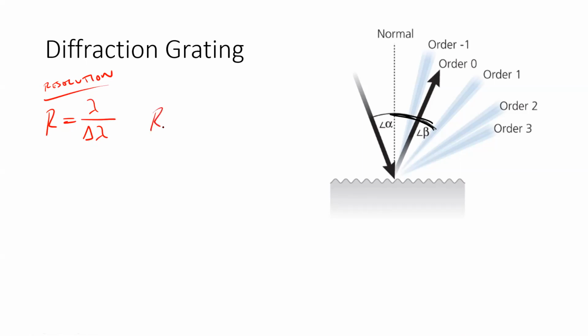A more common way of thinking about it, where we don't actually have to do an experiment, is m times n, where m, of course, is the order, and n is the number of grooves illuminated. And that's going to be dependent on the instrument rather than on any kind of experiment that's going on.